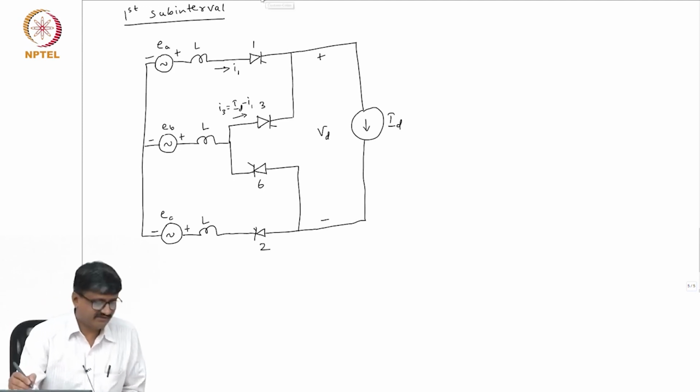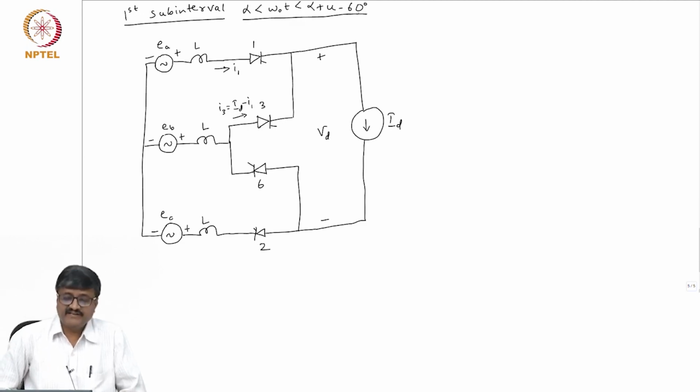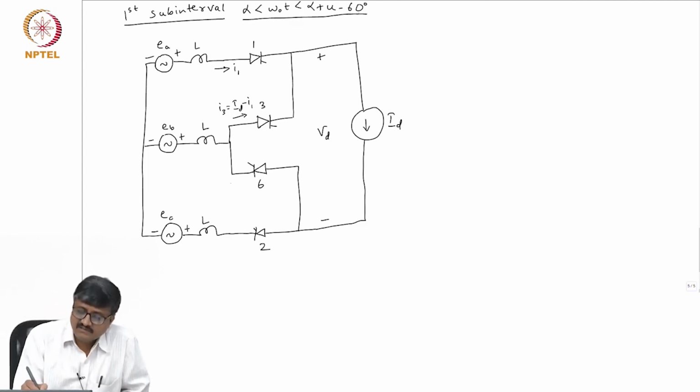So, I am just drawing the circuit for alpha less than omega t less than alpha plus u minus 60 degrees. So, for this first subinterval I3 is ID minus I1, okay, and this is I6.